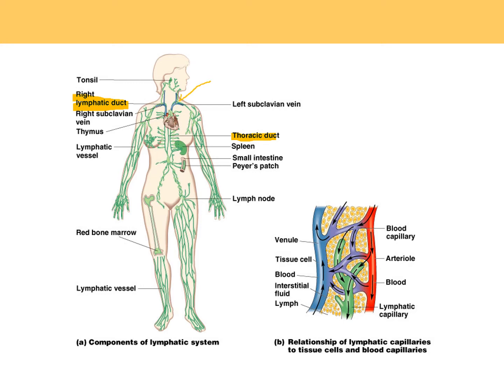It enters into the left subclavian vein, so it's draining tissues from most of the body into the left subclavian vein. The right lymphatic duct drains fluid on the right side into the right subclavian vein, right there.